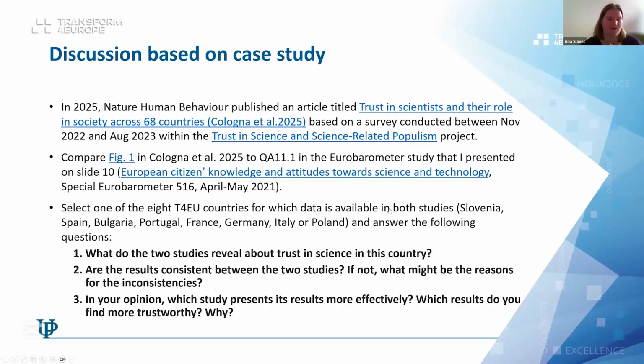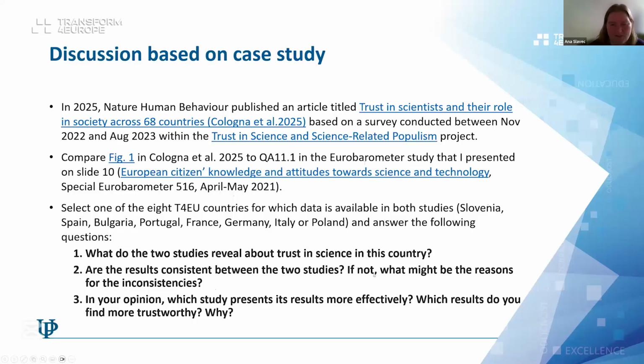You are coming from different T4EU countries, and there are 8 countries for which data is available for both studies: Slovenia, Spain, Bulgaria, Portugal, France, Germany, Italy, and Poland. Unfortunately, the first study doesn't have Estonia and Lithuania.